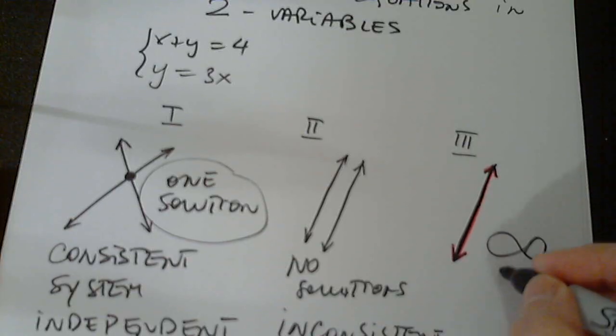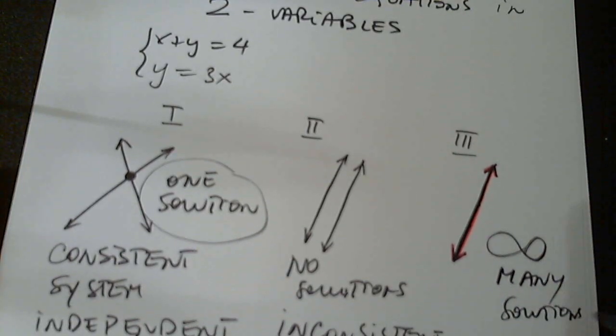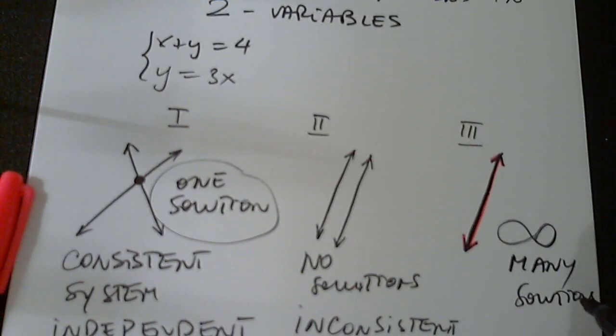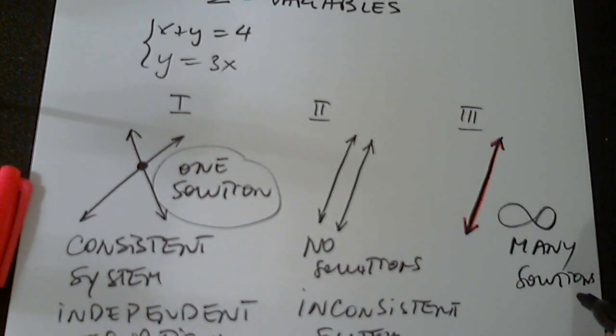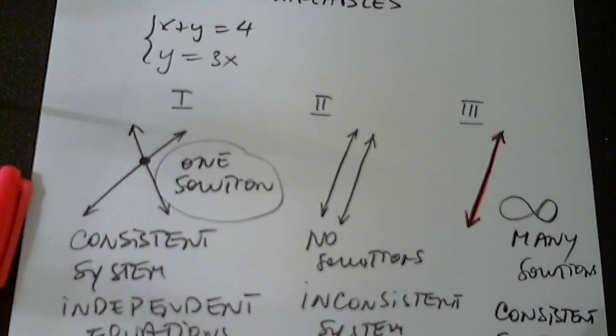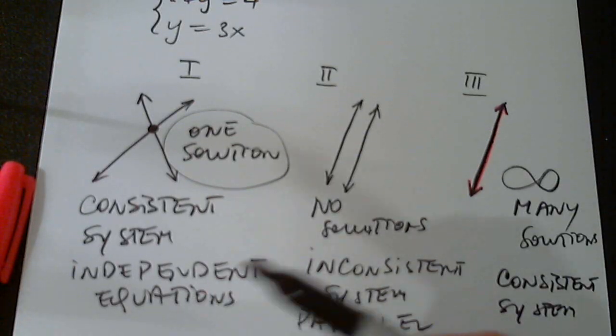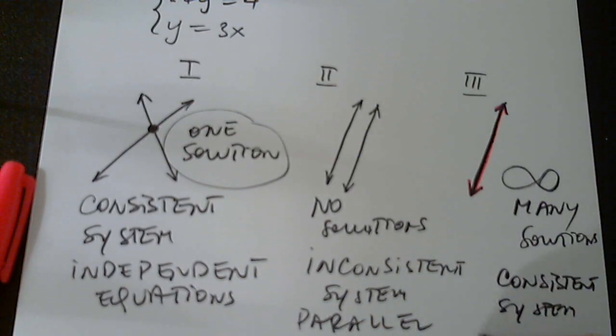So infinitely many solutions. You can say that there's the same equation twice. Yes, I agree. Consistent system because it has solutions, one or more. And the equations are called dependent. It's the same. Dependent.